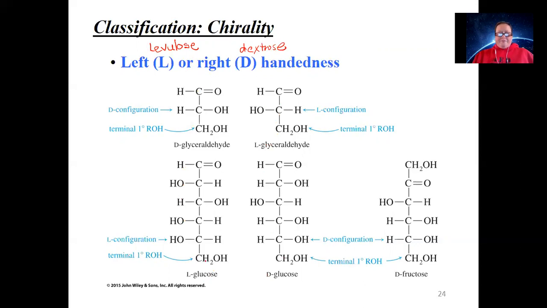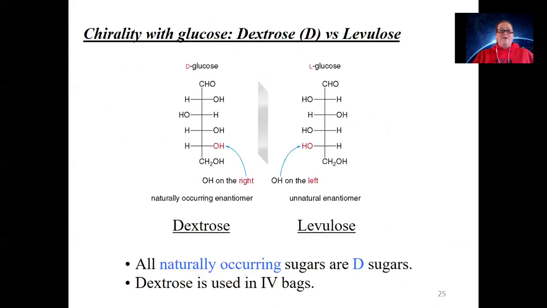And you are not going to need to know how to identify a left-handed from a right-handed. It actually all has to do with which side this OH group is on, which it doesn't really matter, but just know that there are left-handed and right-handed molecules. Now, the sugars that occur in natural systems are right-handed, the D variations.